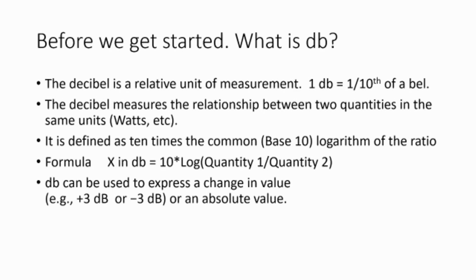It is defined as 10 times the common (base 10) logarithm of the ratio of the measurements, and the formula that we can use in amateur radio, where X is in dB, is X equals 10 multiplied by the log of quantity 1 divided by quantity 2.